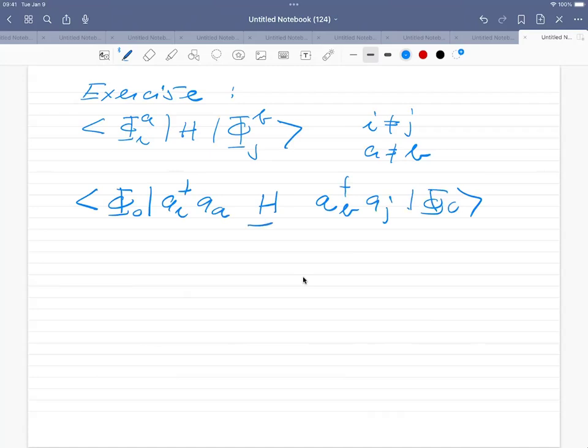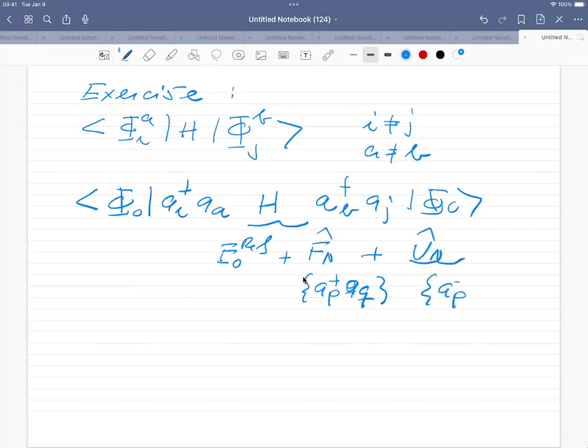And then you need to look at the terms where you have E0 ref, plus this f of n, which is proportional to an operator a_P^† a_Q, and then plus V of n, which is proportional to a_P^† a_Q^† a_S a_R.